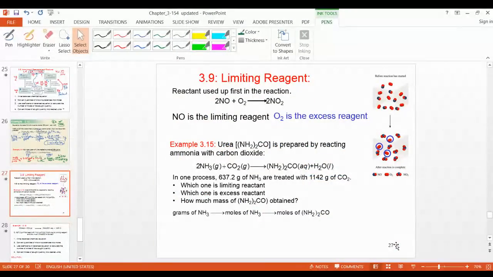Now 3.9, this is limiting reactant. What is a limiting reactant?